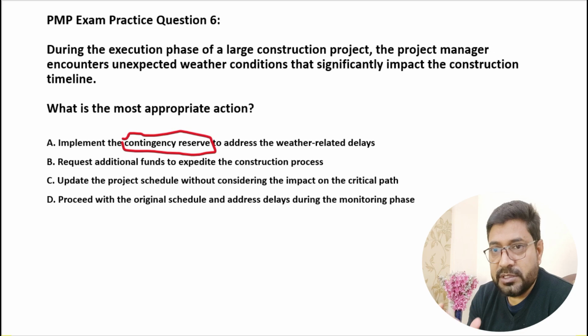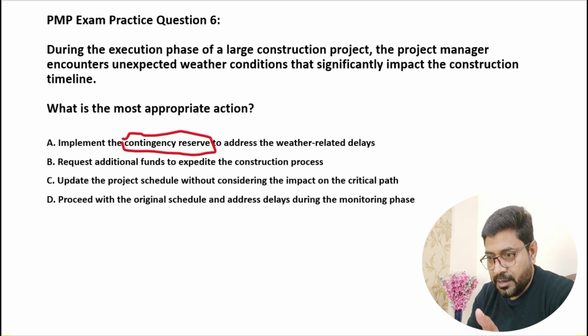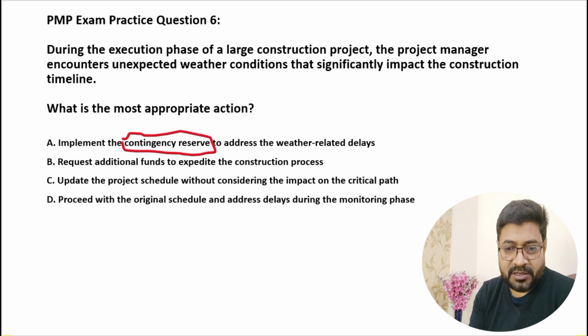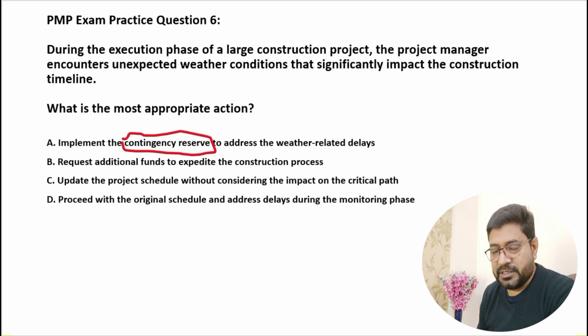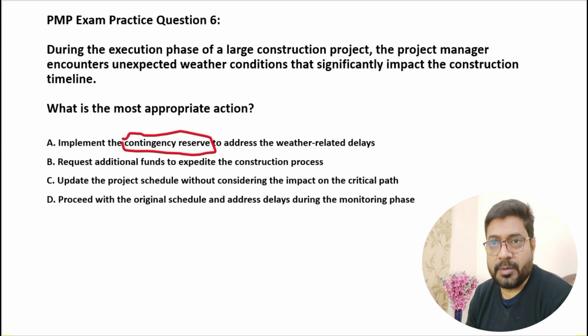So then you need to consider keeping some funds for that. Okay, so if in case this particular risk happens, then we have extra budget funds, and we will utilize that part of the budget to take care of this particular problem or the risk. That is called contingency reserve.